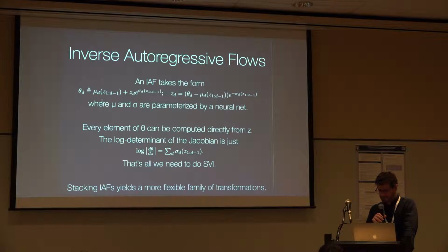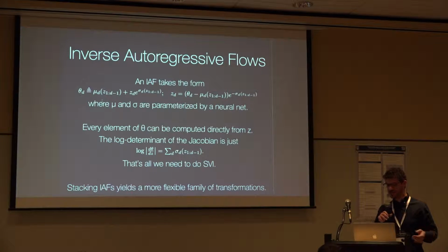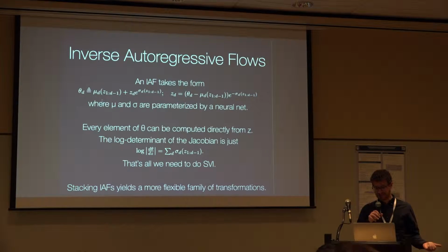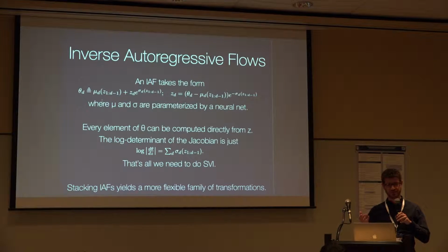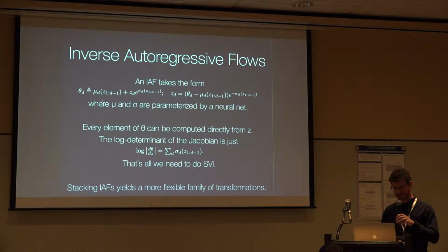Every element of theta can be computed directly from z; you don't have to compute theta sequentially. Going the other direction is really expensive, but for variational inference and HMC, we can actually work entirely in z-space. So we never need to pull samples back explicitly through the inverse of this transformation, and that's not a problem.